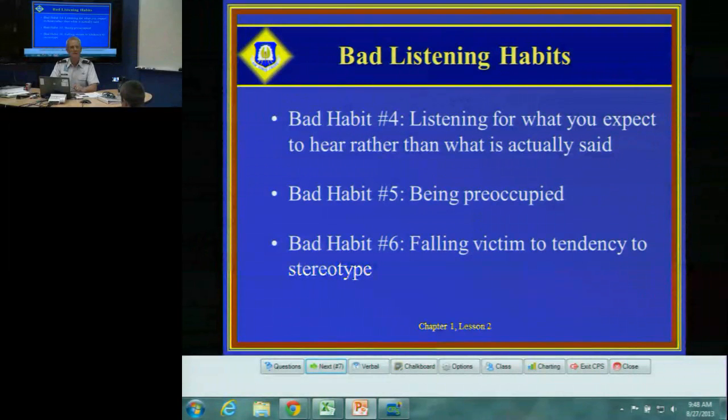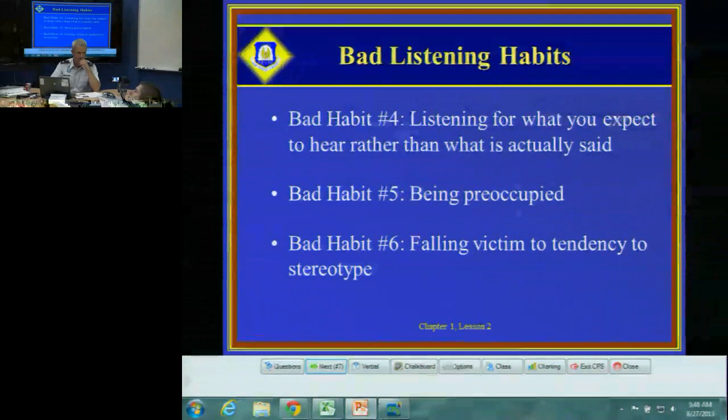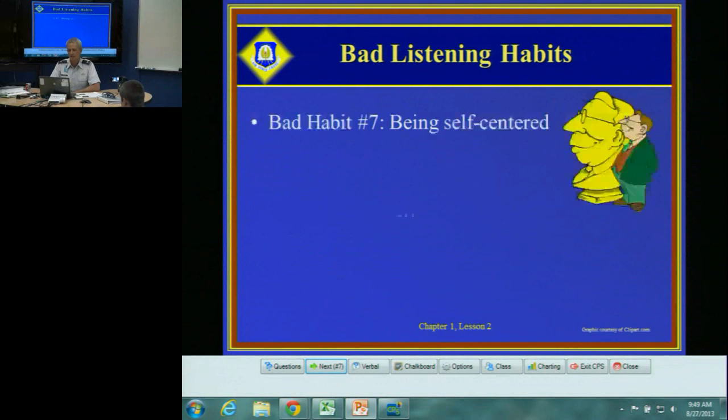Who else in your mind does not listen to you? Rocks. Seriously. Who else? People that don't like you? That's a good point. People that don't like you may not listen to you. That's definitely good stereotyping.